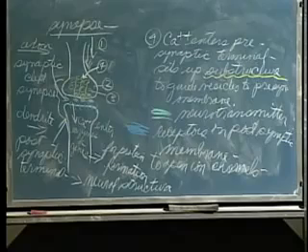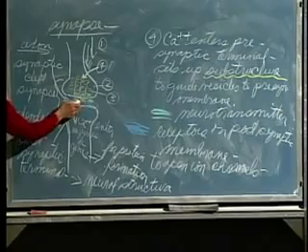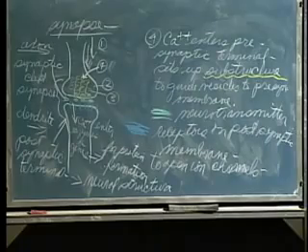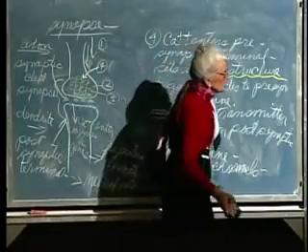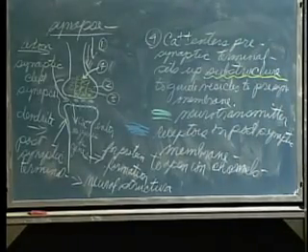So that gives you an idea of how a synapse works. But now you say, what's going to happen to this transmitter that's up here in the cleft? We don't want it to keep firing. So it can break down. The transmitter in the cleft can break down, or it can recycle and go back into the presynaptic terminal.